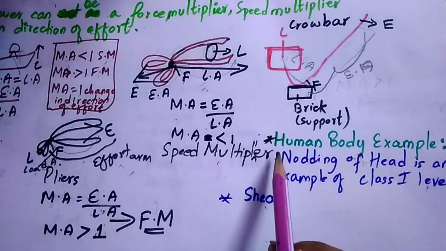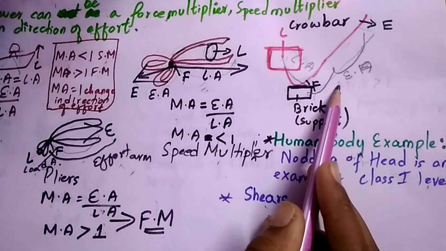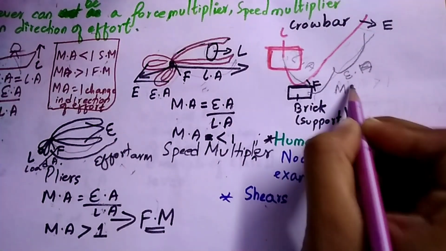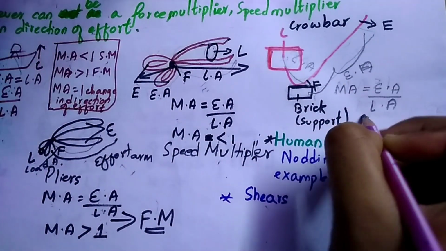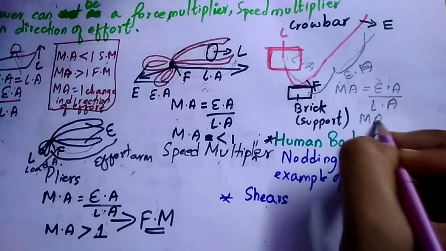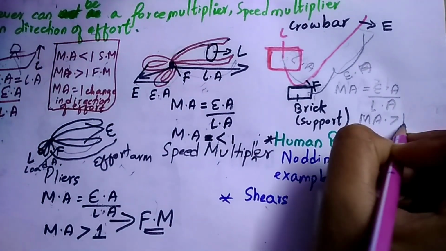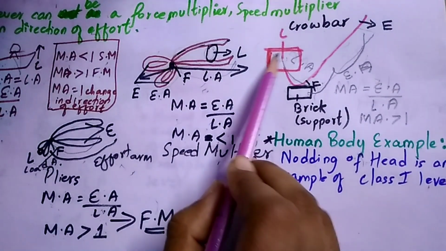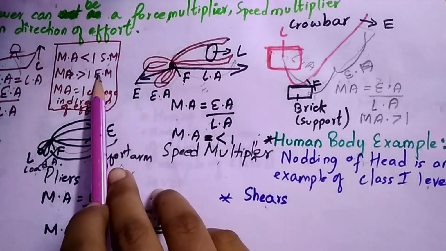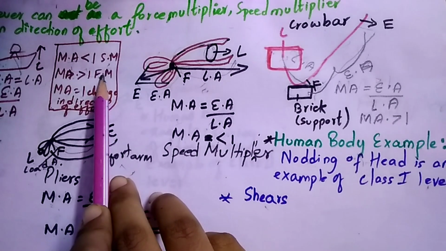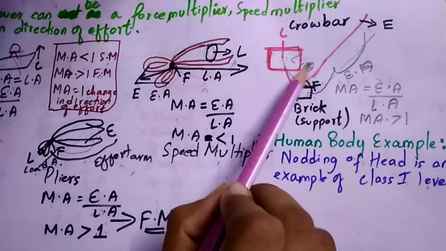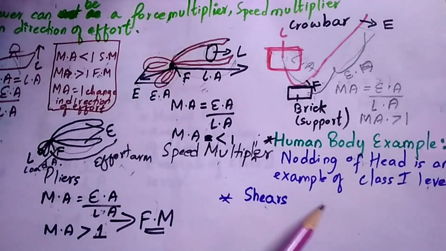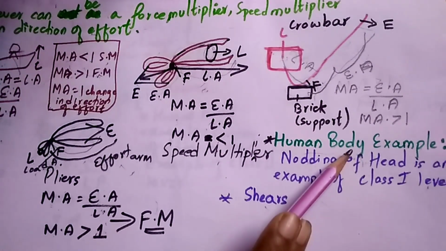So here the mechanical advantage is equal to effort arm upon load arm. Here mechanical advantage is greater than 1 because here effort arm is longer than the load arm. So if mechanical advantage is greater than 1, then it is a force multiplier, and hence it multiplies the force.